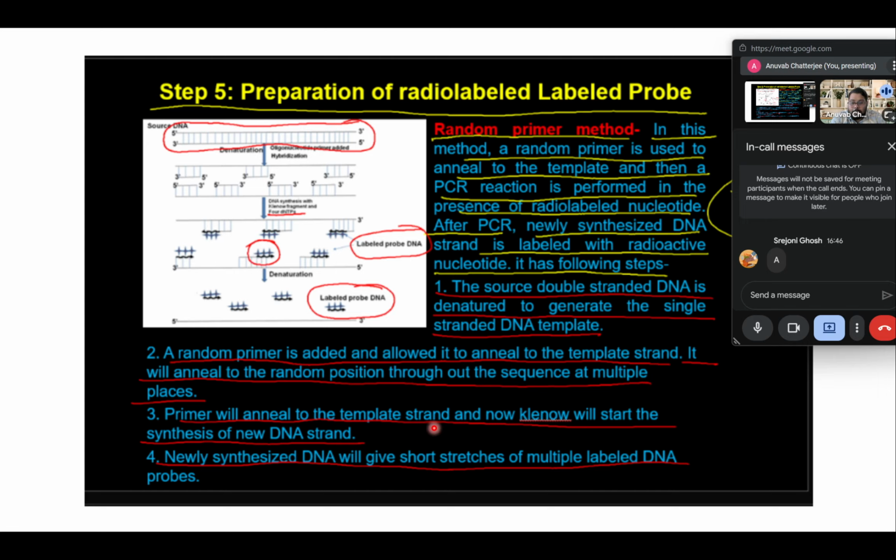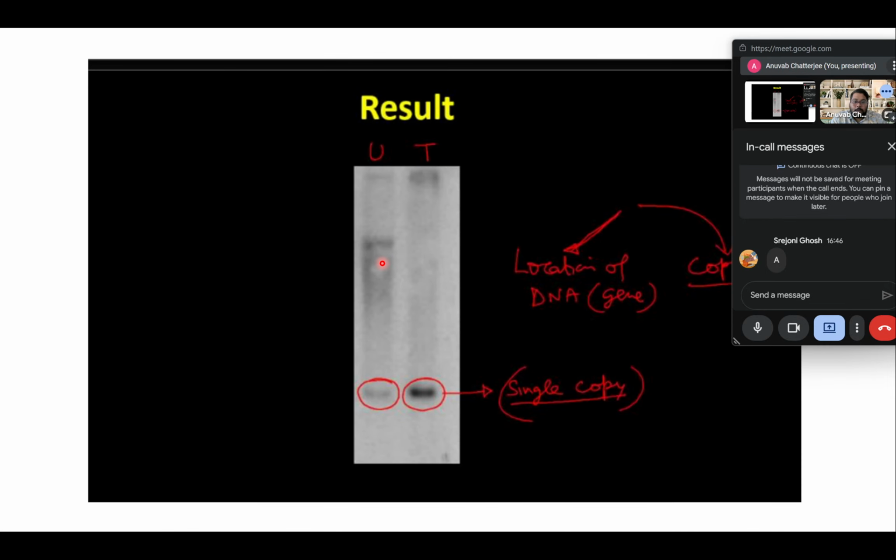The primer anneals to the template strand, and the Klenow fragment starts to synthesize a DNA strand. Newly synthesized DNA gives short stretches of multiple labeled DNA probes. So this is how you label your DNA probes, and then you can use these probes to detect your DNA or RNA of interest. And this is what the result looks like.